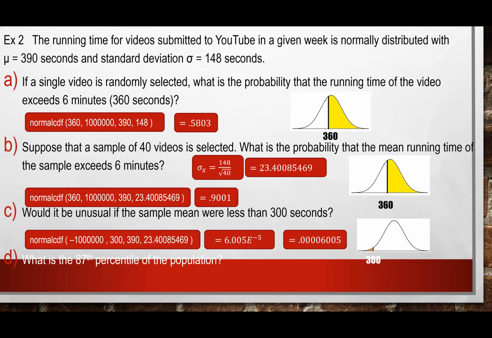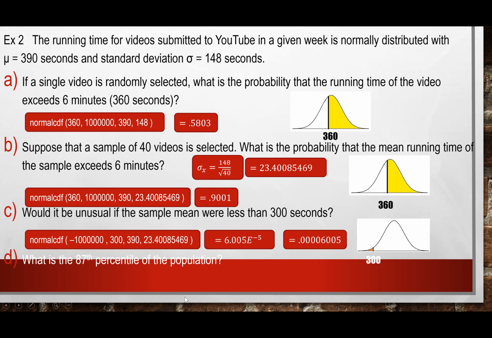Based on this probability, it is very unusual for a video to be less than 300 seconds, or less than 5 minutes. Okay, so again, based on this information, do not jump the gun and say 6.05 is bigger than 0.05, because the e to the negative 5 tells you to move it 5 places.